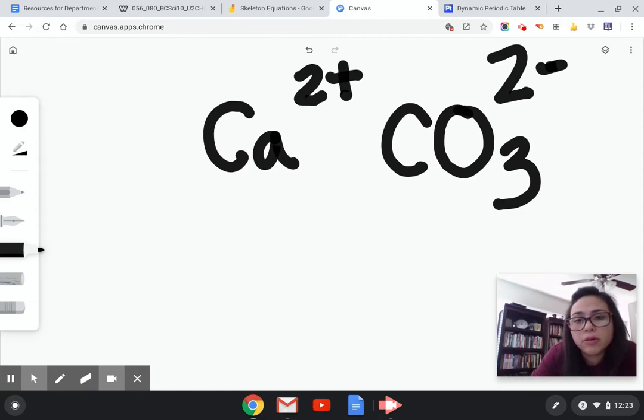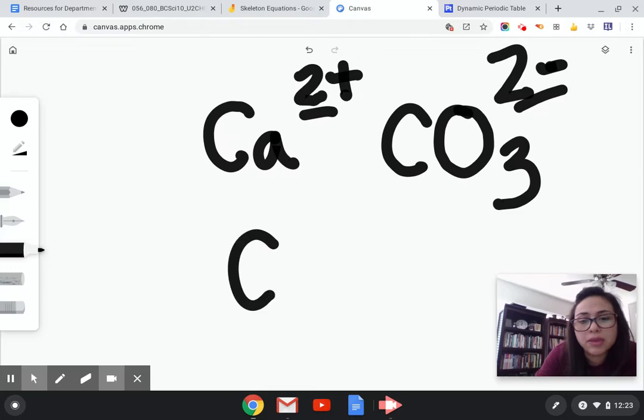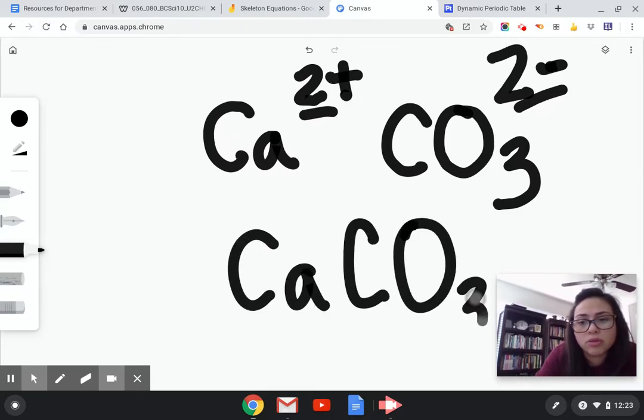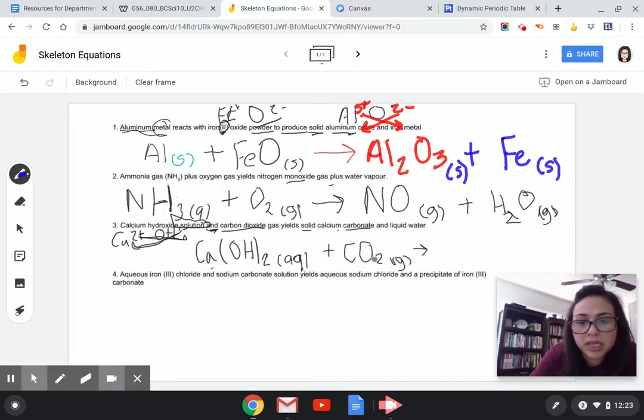Okay, now notice that that's a 2 plus, 2 negative. Those will cancel, no need to crisscross. So basically that becomes CaCO3. Okay, and that's what we're going to write in our skeleton equation. We're going to put down the CaCO3.